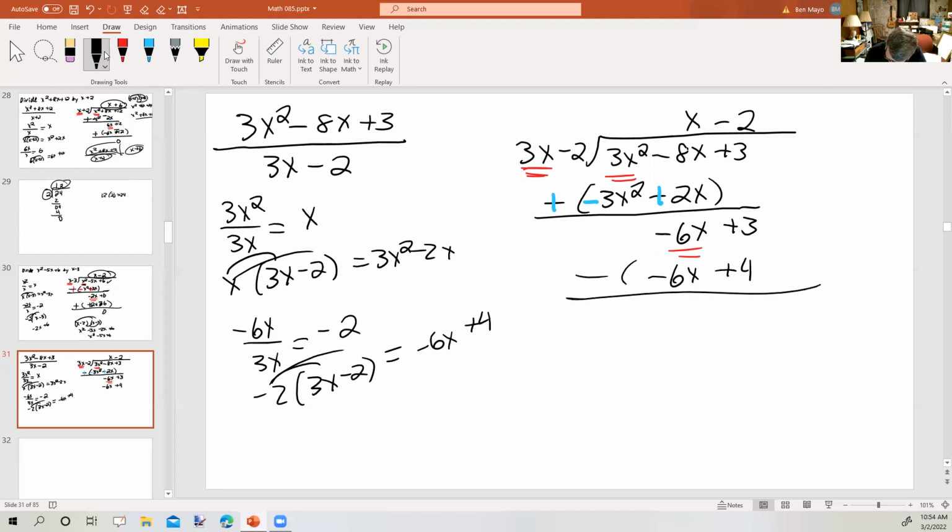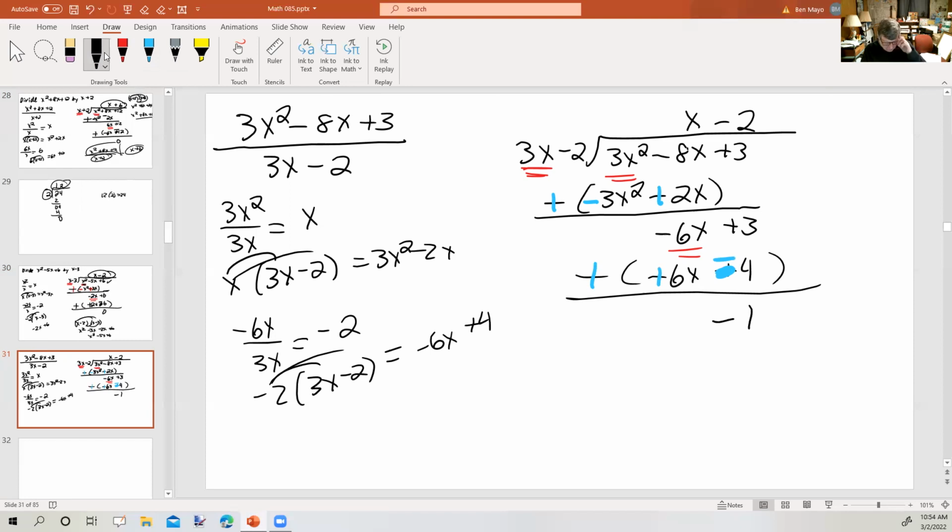We're going to subtract that quantity from what's up above. We'll change it to addition of the opposite. Add up the columns. Negative 6x plus 6x is 0. 3 plus negative 4 is negative 1. So that's my remainder.